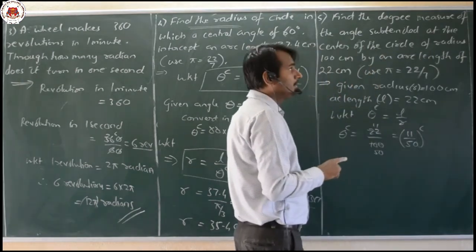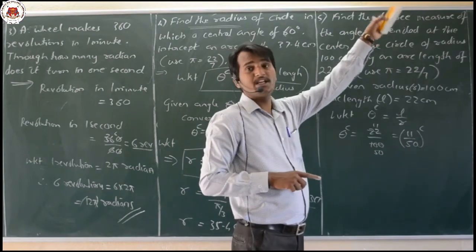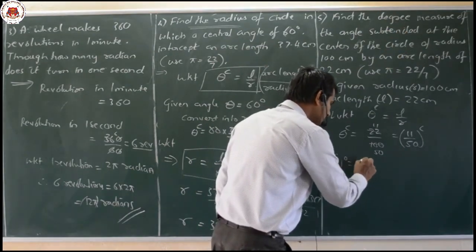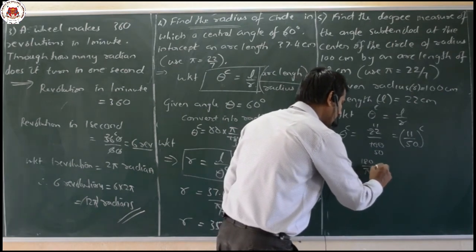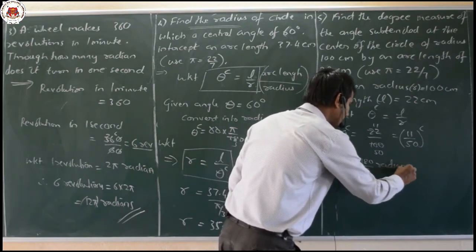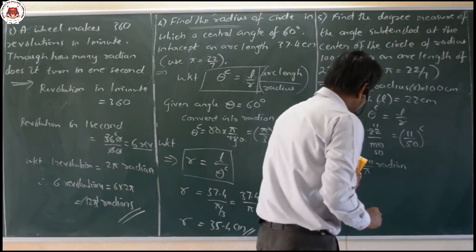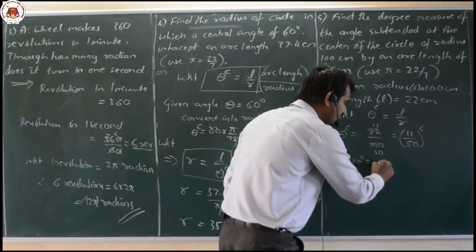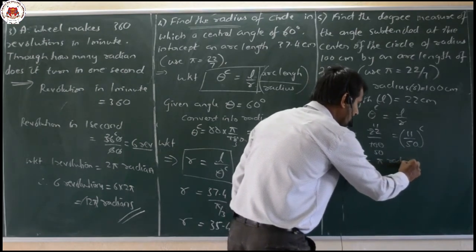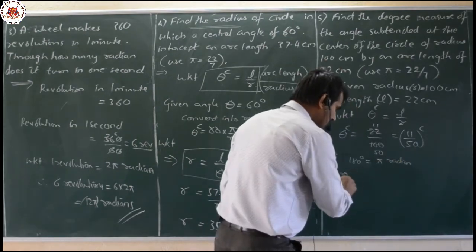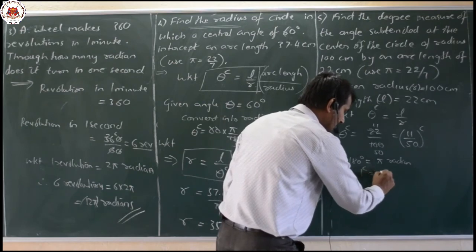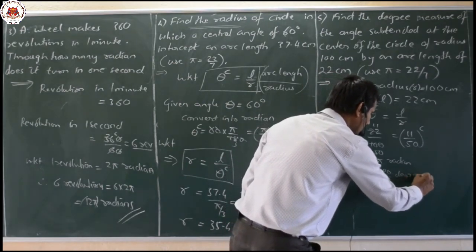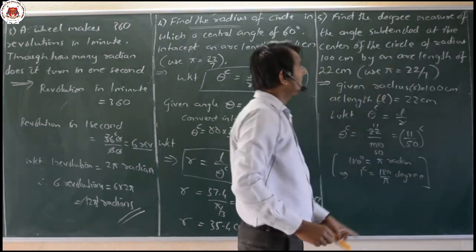But what I require is the degree measure. We know that 180 degrees is equal to pi radian, so 1 radian is equal to 180 divided by pi degrees, because I require the answer in terms of degrees.